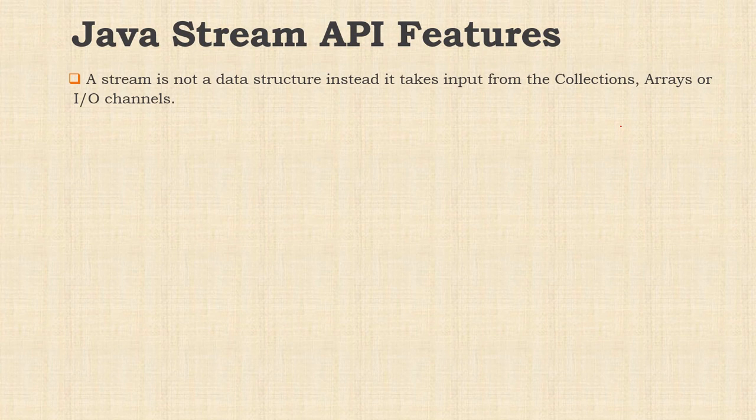A Stream API is not a data structure. Instead, it takes input from collections, arrays, or output channels. Like we just discussed, we can't store anything in Stream API, unlike an array list where you can store multiple objects. In Stream API, we can't store, but we can do further operations: we can filter, map, and sort.